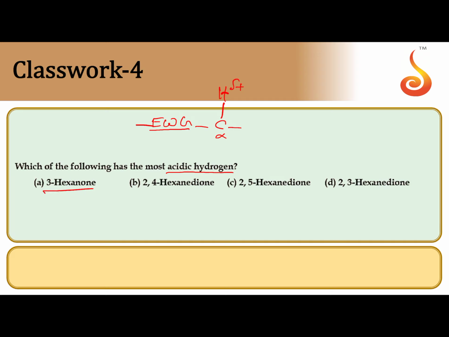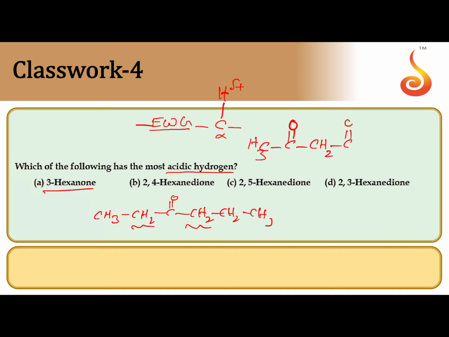Let us take 3-hexanone. This is 3-hexanone, and it has 2 types of alpha hydrogens. Next, 2,4-hexanedione.